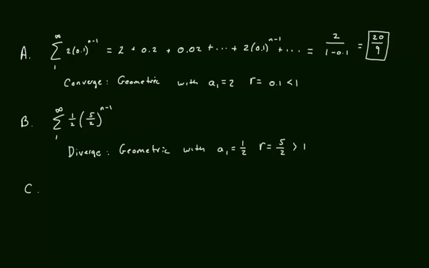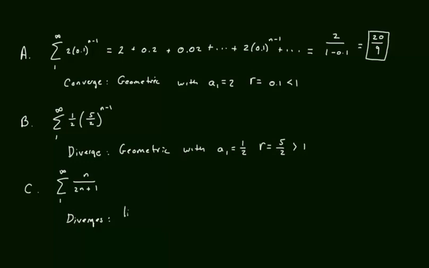Let's take a look at C. Sum from 1 to infinity of n over 2n plus 1. Can you observe and see right away what the series will do? Hopefully, you will say that this diverges. Why? Well, it fails the nth term test.